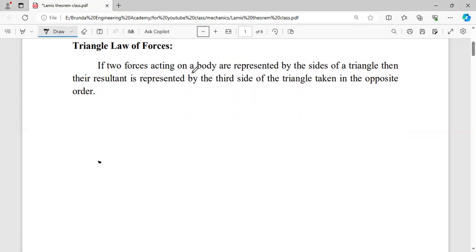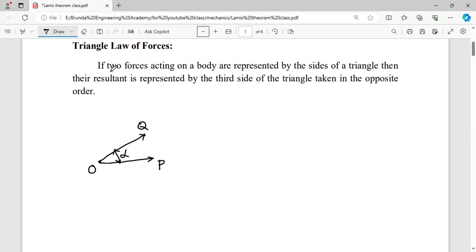If two forces are acting on a body, let us assume this is the body, the point O. Now two forces are acting at the point: force P and another force Q. These two forces are acting on the body and making an angle of inclination alpha.